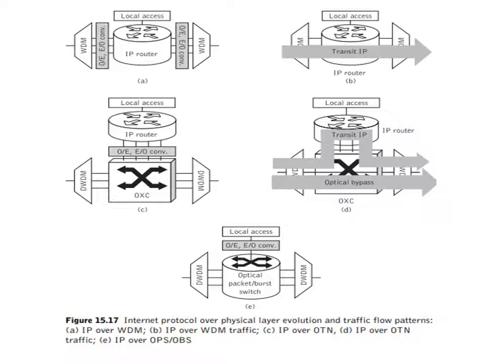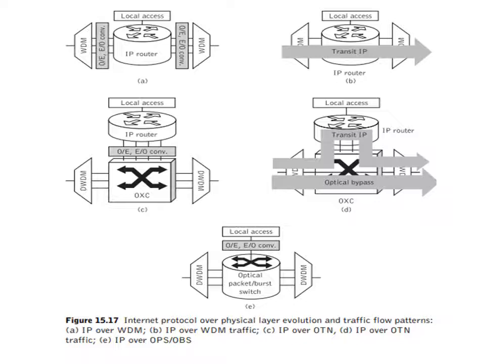So here in the first diagram, IP over WDM, routers are directly interconnected with high capacity point to point WDM links. Hence, the entire traffic is processed in the router at the packet level after converting the optical signal to the electronic domain and extracting the packets from the signal stream.